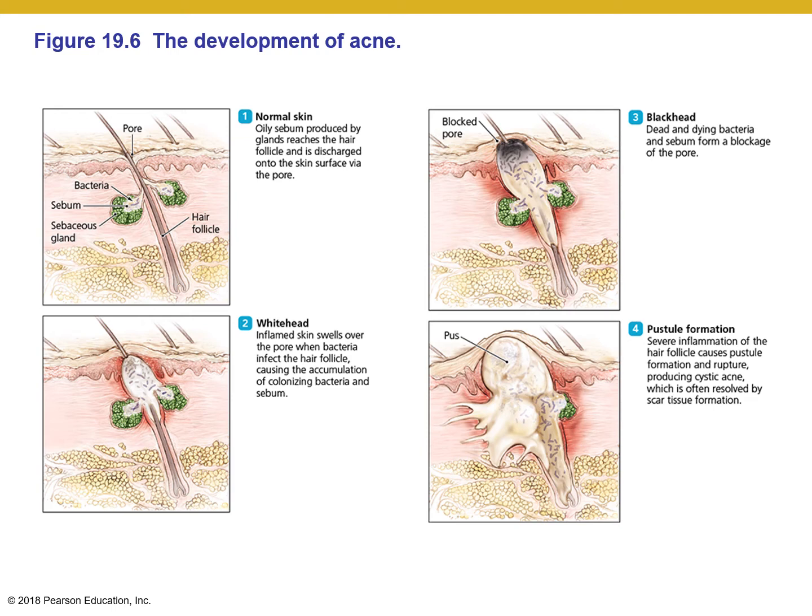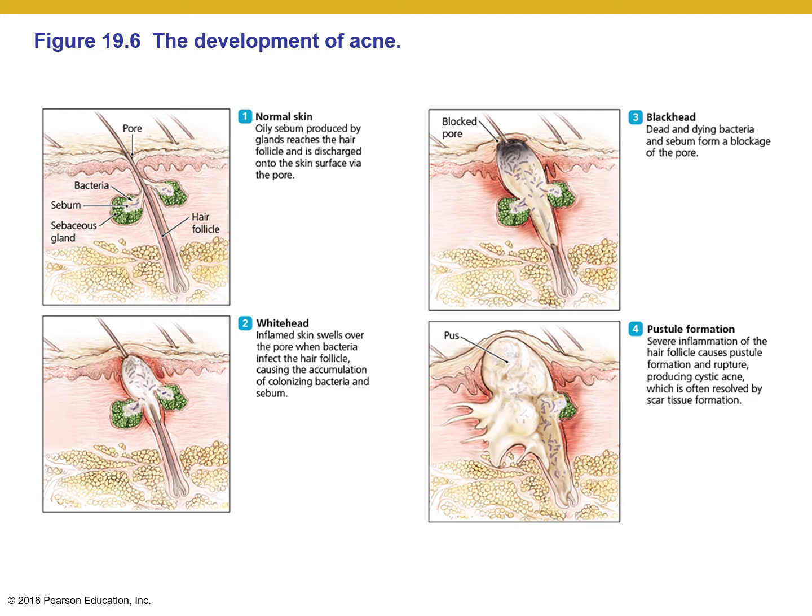And if it continues, then what we'll see is a severe inflammatory response that causes the formation of a pustule, which means a cyst of pus. And if it ruptures, it can produce cystic acne, which is severe acne.